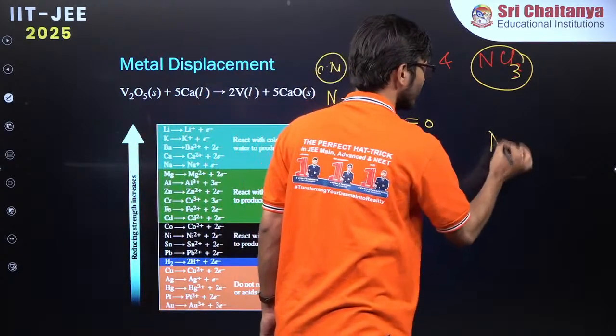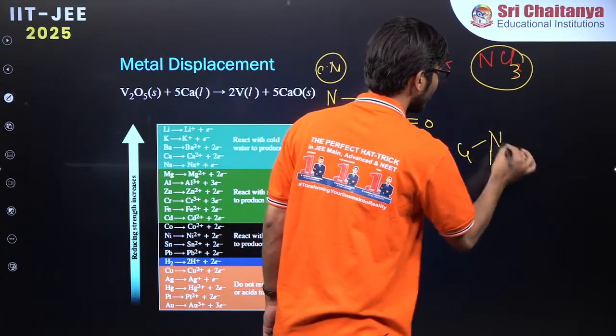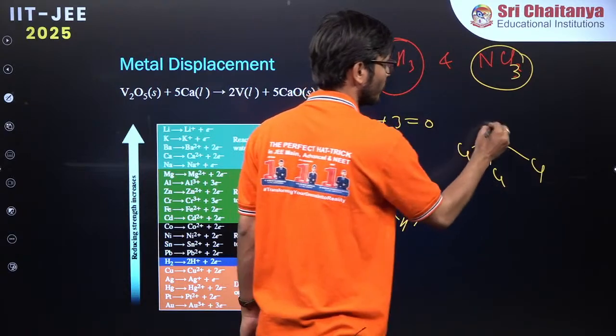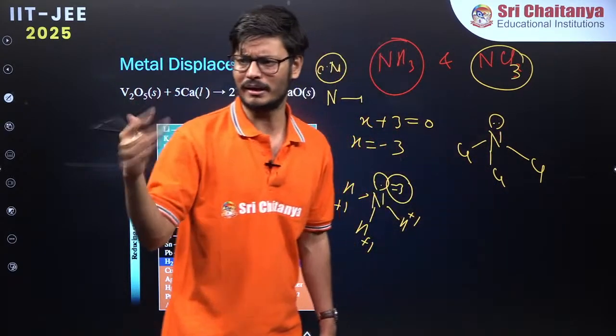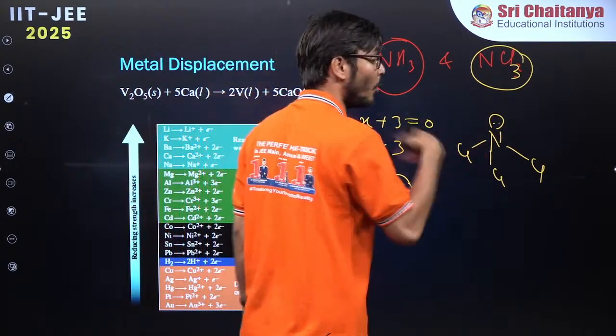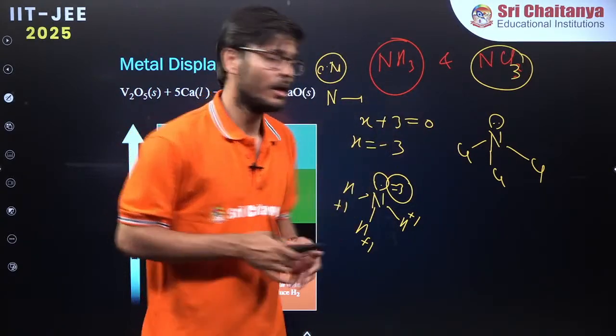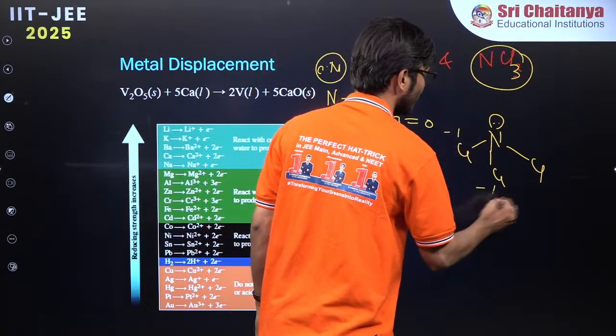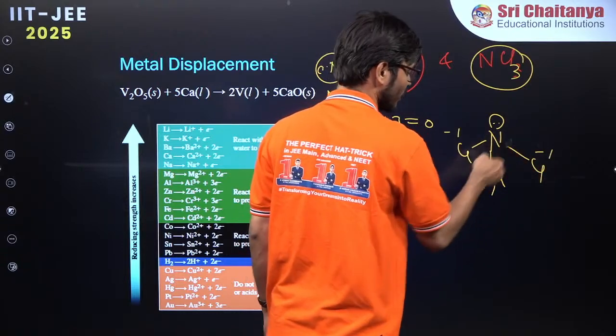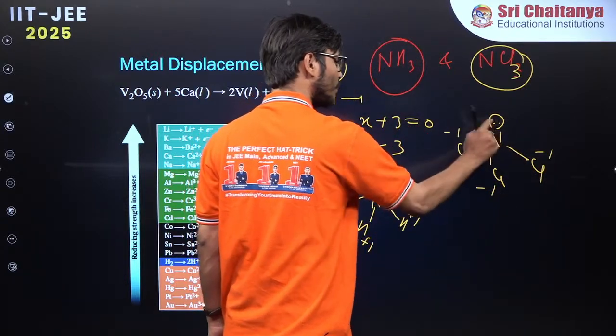Now for chlorine: chlorine is more electronegative because it is on the right side of the periodic table, right? So chlorine -1, -1, -1, and nitrogen +1, +1, +1.